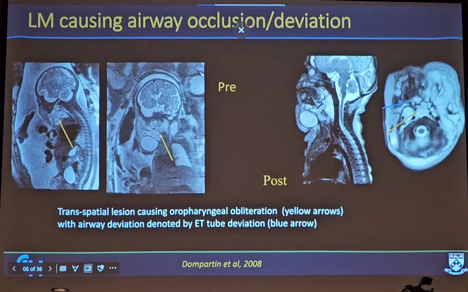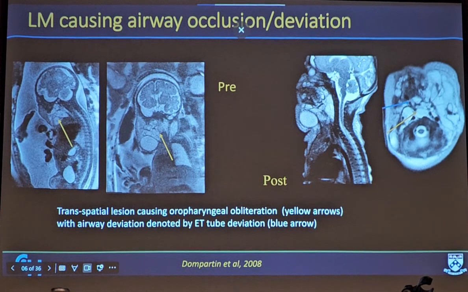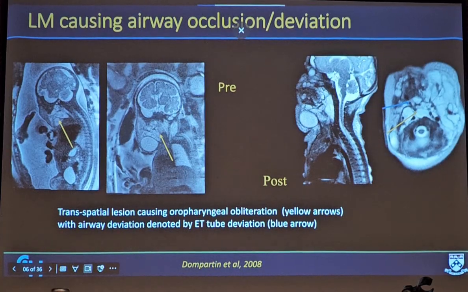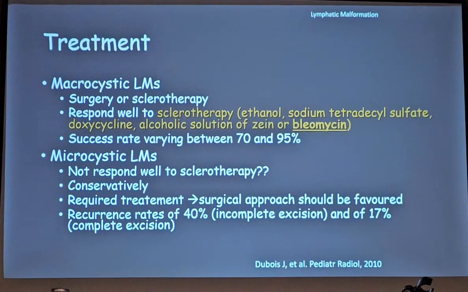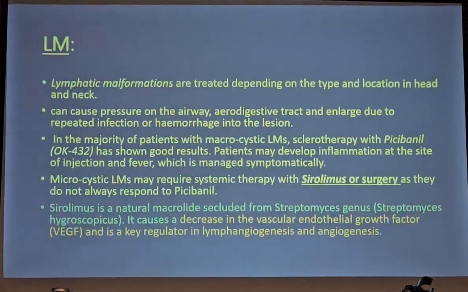Okay. So the airway is something that you need to worry about sometimes. The intubation or even the tracheostomy prevention needs to be done in all of these treatments to prevent some swelling related to the treatment. I explained already about the efficacy of the macrocystic more than microcystic, but it works.